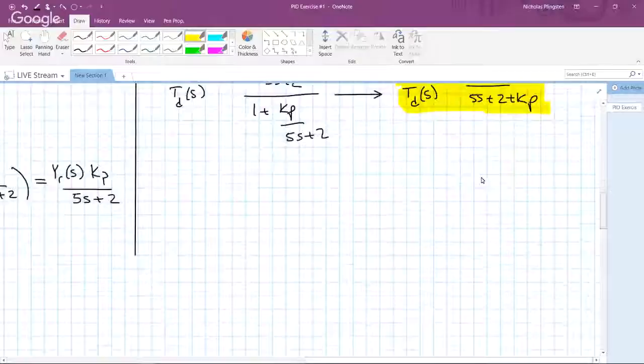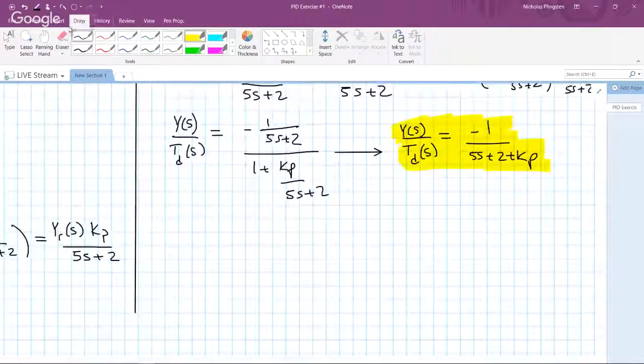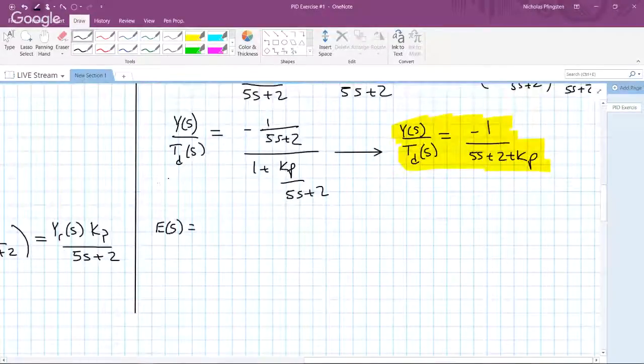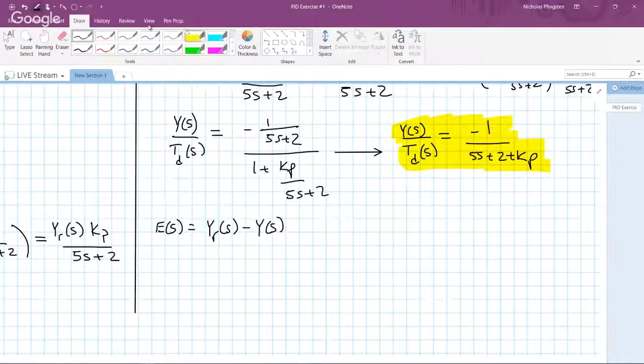Now, the next thing that we need is to recall the error function, E of s equals y sub r of s minus y of s. In this case, we don't care about the input. We said it's 0, so it's staying 0. Bam, 0.